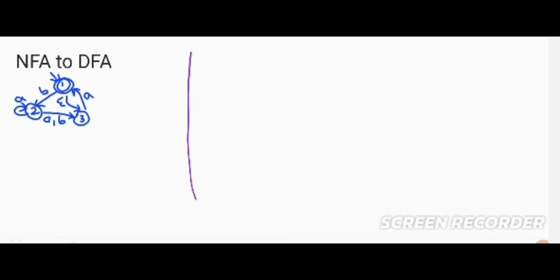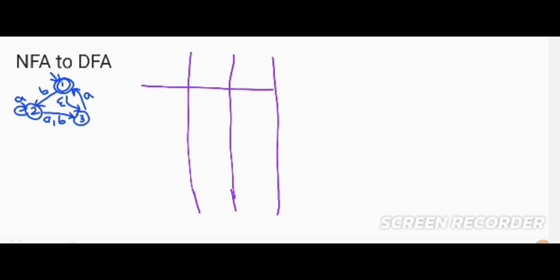Let's draw the transition table for the DFA. Let's put here in the columns the two symbols of the alphabet, A and B, and let's look for the initial state. The rule here is to find the epsilon closure of the initial state of the NFA.